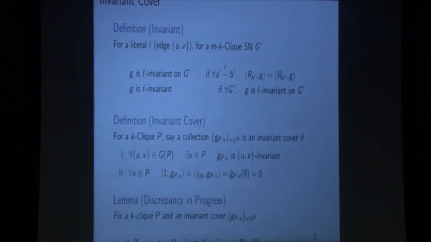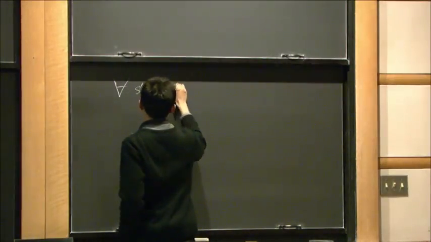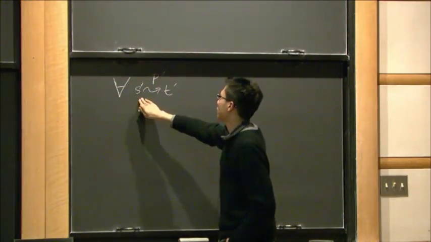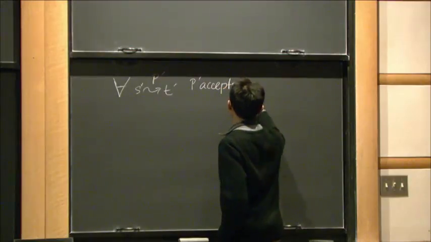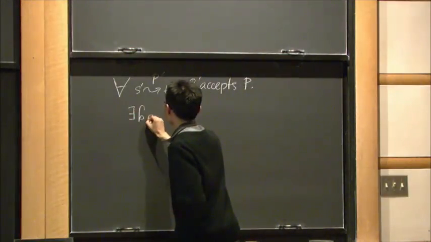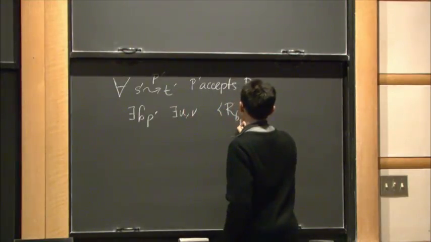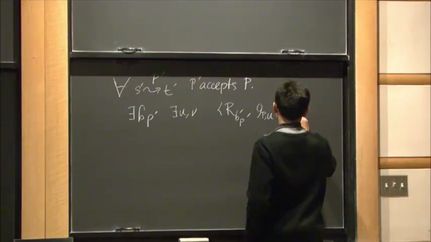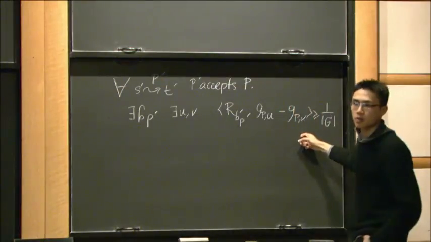Okay, so we want to show that for every computation path from the source node to the sink node, P prime, which accepts P, there will be a bottleneck node, and also two vectors in the family, such that the reachability table at the bottleneck node has a non-negligible response to the difference. Okay, this is what we want to show.